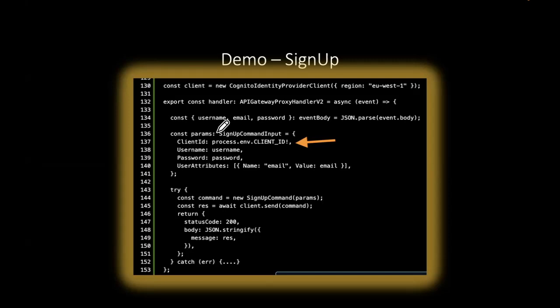So the specifics in this case are we're creating a sign up command instance. Here we're creating the actual sign up command instance, and it just takes one argument, which I'm setting up here. We're specifying the user pool client ID, the username and password that was entered by the user, and the email address as well.